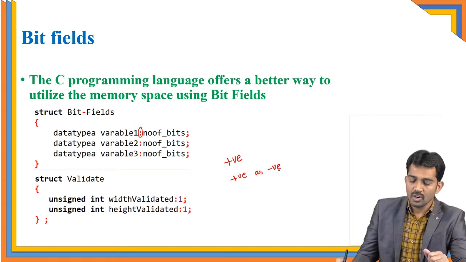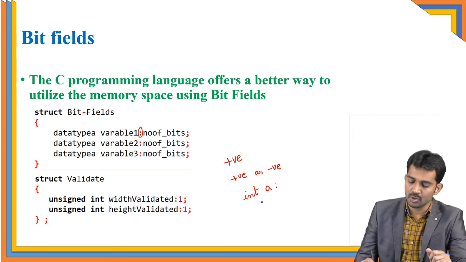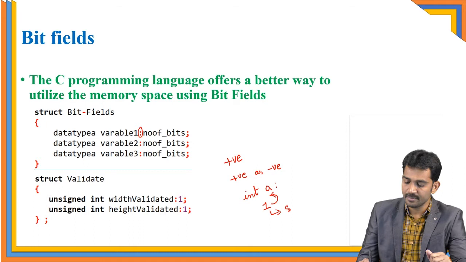Signed int contains positive as well as negative values. Yes or no? If you take int a, it comes under signed int, meaning it holds positive integers as well as negative integers. For example, if you allocate only 1 bit to a signed int, that is the sign bit.